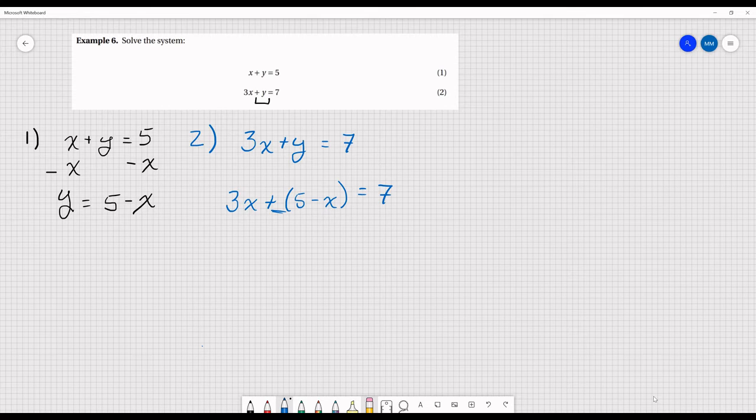Since this is just a 1 out in front here, my imaginary, invisible one, I can in fact just write this out as 3x plus 5 minus x equals 7. I can simplify this a little bit, combining my like terms, 3x minus x, so that's 2x plus 5 is equal to 7.